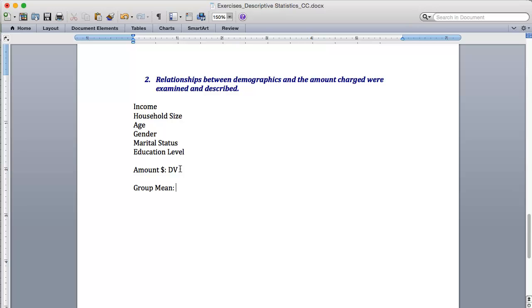We'll do the same for the three categories of education level. So if the independent variable is categorical, such as gender, and if the dependent variable is quantitative, we could, using the data as is, use our group mean technique to examine the relationship.